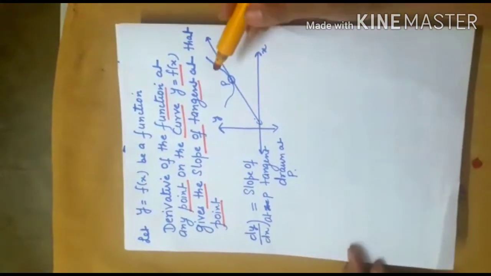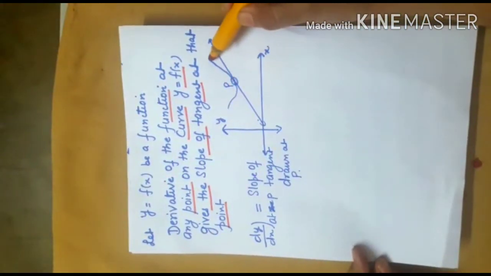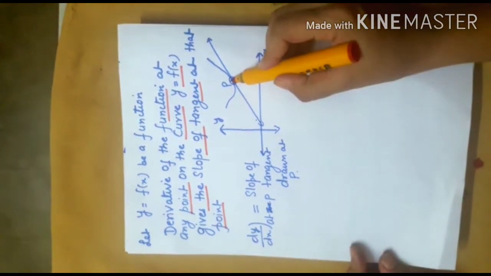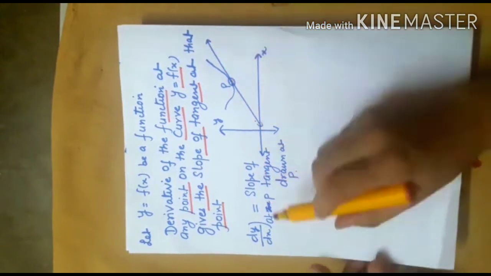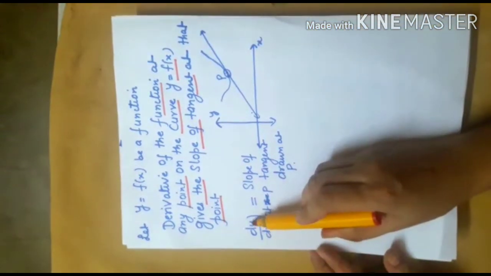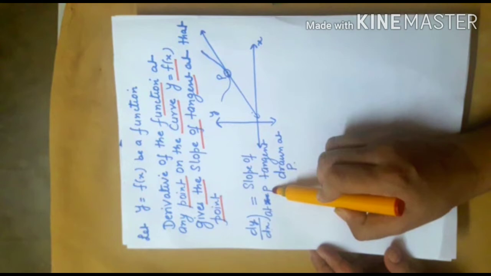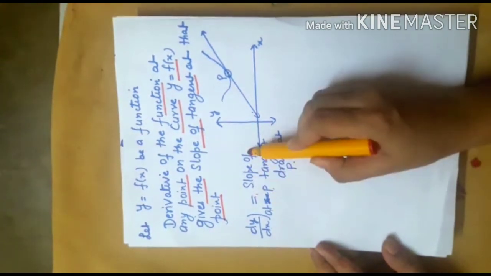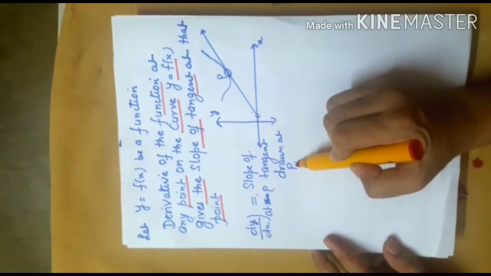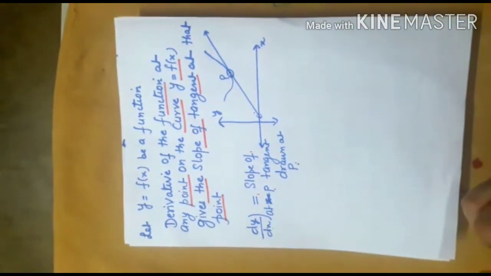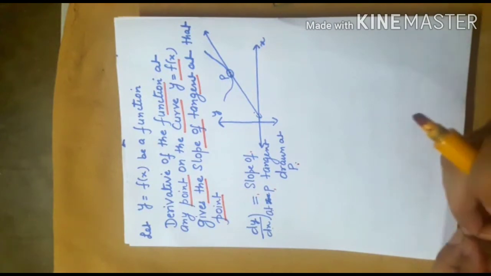That means if this is the curve y equal to f(x), P be a point on the curve at which this tangent is drawn, then dy by dx at P is equal to the slope of the tangent drawn at the point P. The derivative of the function at a point gives you the slope of the tangent.